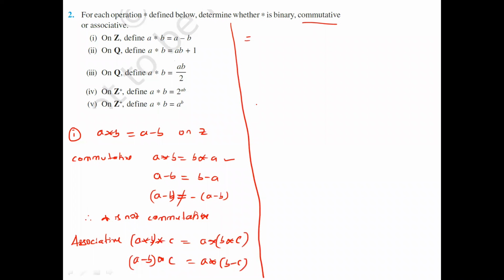Now I'll continue here. This can be written as A minus B minus C. What about here? A minus B minus C. Here A minus B minus 1 plus C. The other terms get cancelled: plus A gets cancelled, minus B gets cancelled.